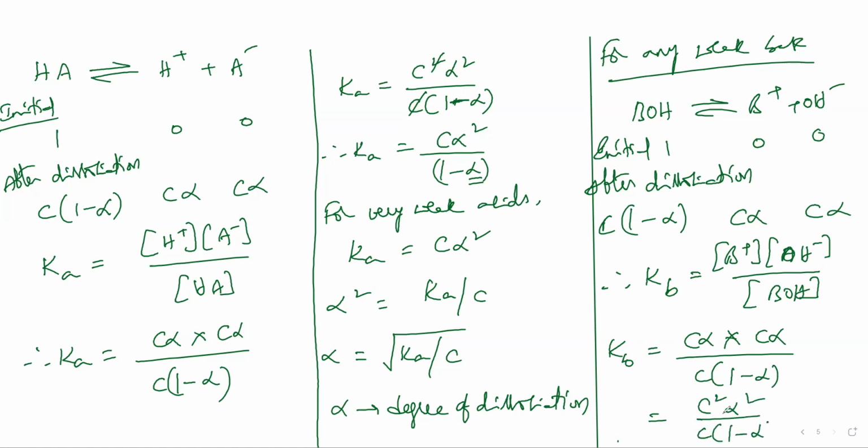The C and square gets cancelled. And finally, Kb is equal to C alpha square by 1 minus alpha, where alpha is the degree of dissociation of base.